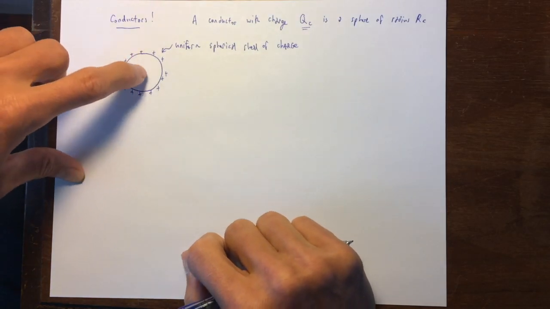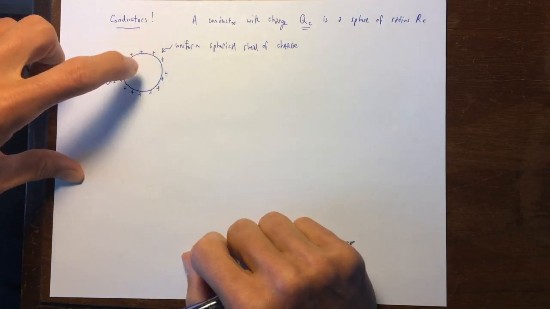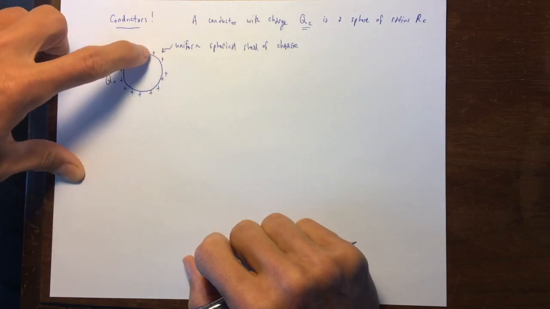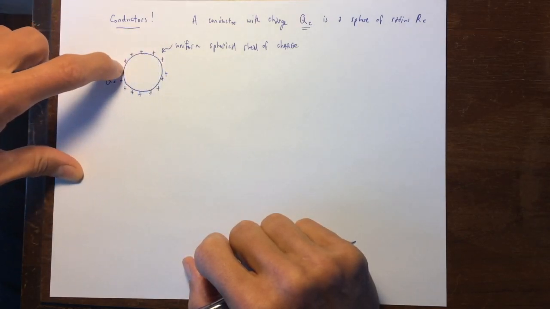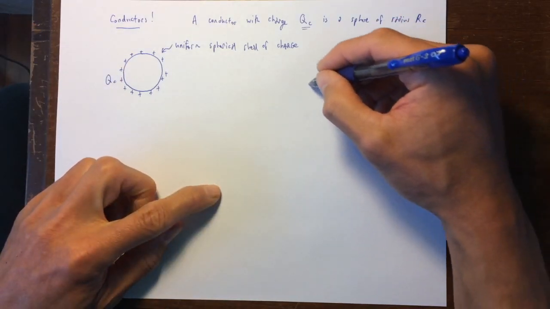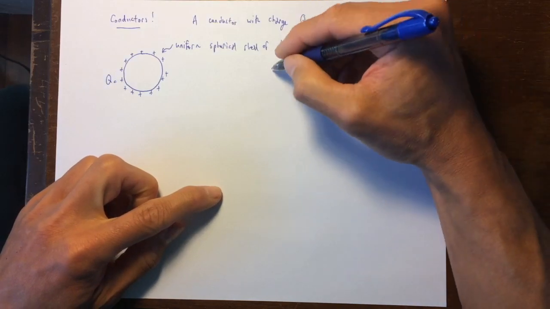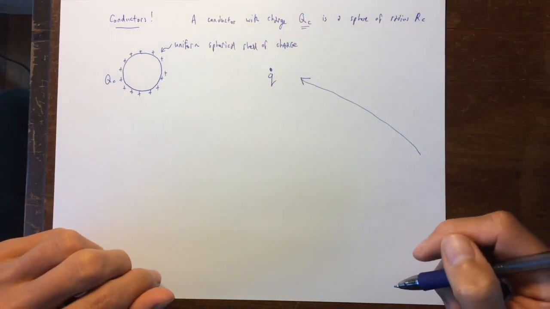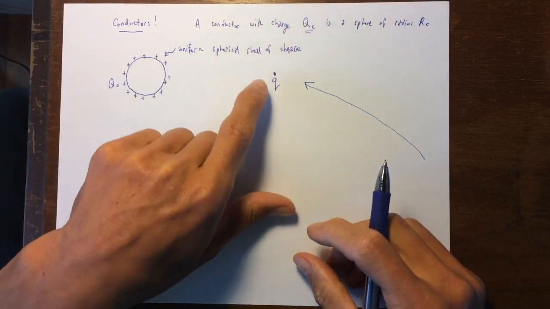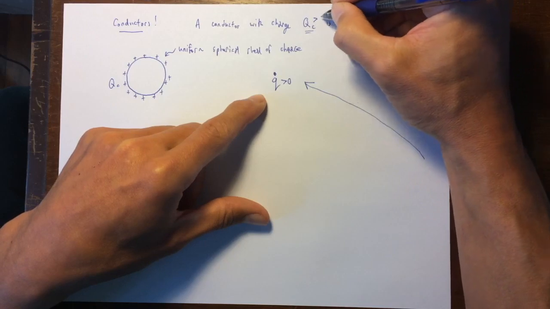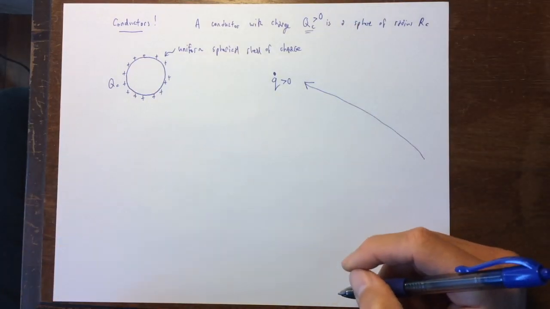Okay, so now what if I asked, what is the force between this charged conductor and, say, I bring in from really far away a charge little q. So here's little q, I bring it in. And let's say that q is positive and the conductor charge was positive as well.